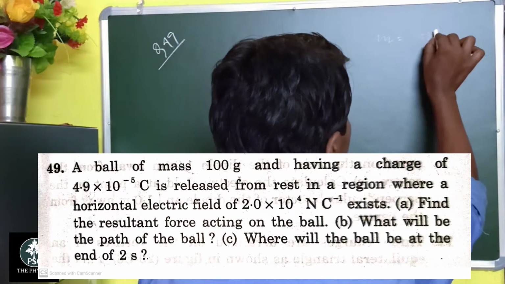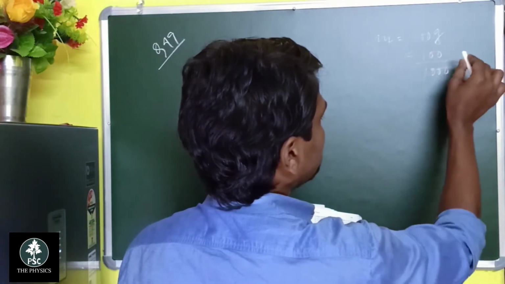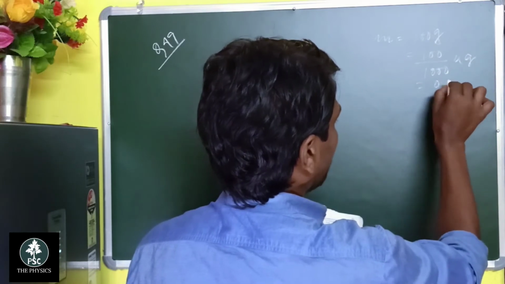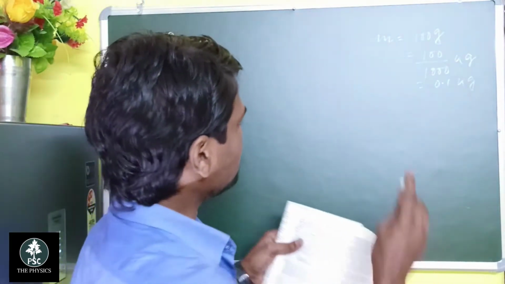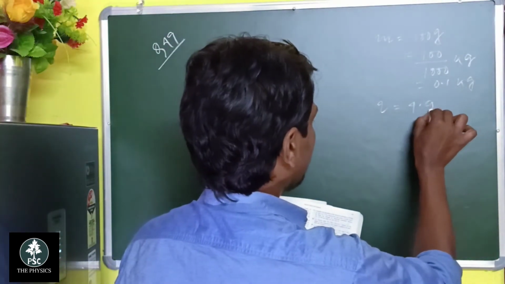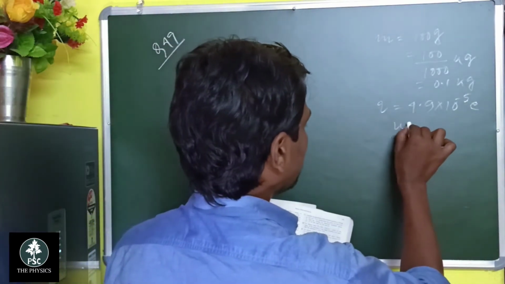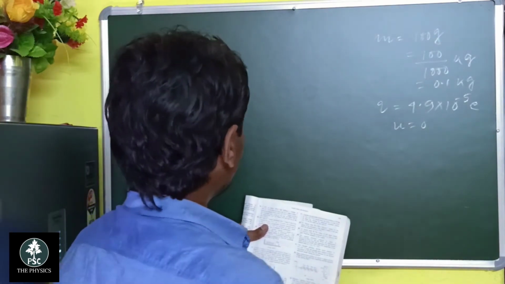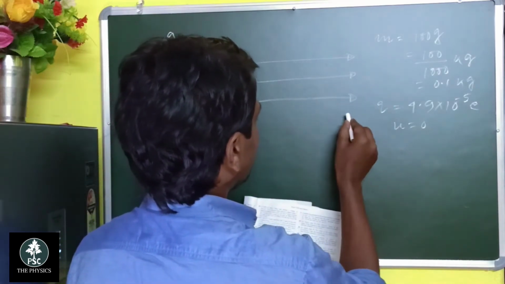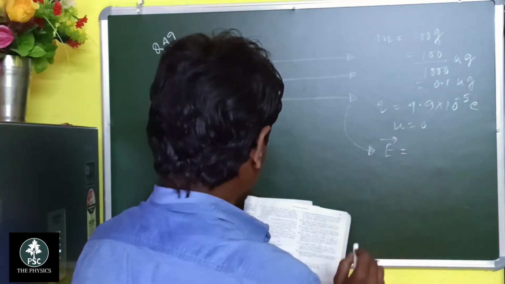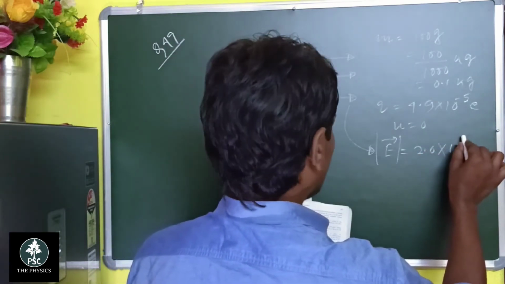Mass is given, that is 100 gram, and you have to convert it first into kg, so this is 0.1 kg, and the charge is also given, so charge equal to 4.9 into 10 to the power of minus 5 coulomb is released from rest, that is u equal to 0, in a region of horizontal field, so it is a uniform horizontal field, and the magnitude of the electric field is given 2.0 into 10 to the power 4 Newton by Coulomb.